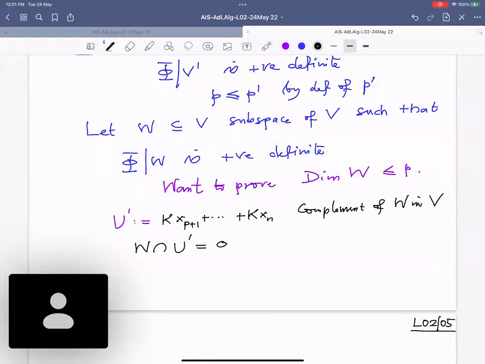Therefore, I know what the dimension is. Dimension of W will be less equal to n minus dimension of U prime, which is P. So done.